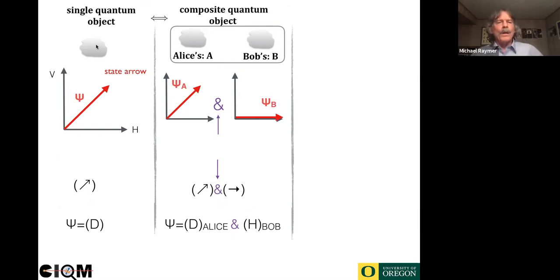Okay, so that's how we go from one object to two objects. Now you could also go to three objects. Now you'd have three of these pictures, but I'm not going to do that in this session. It gets complicated. Until we get to quantum computing, then we will have to have multiple objects. But right now we just have two objects. Okay, and the ampersand means and.